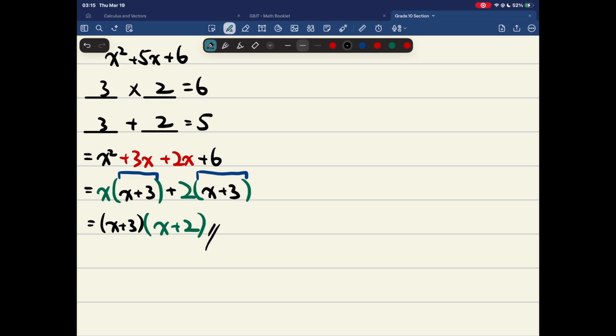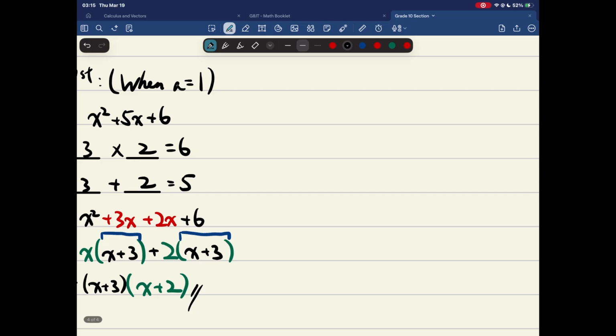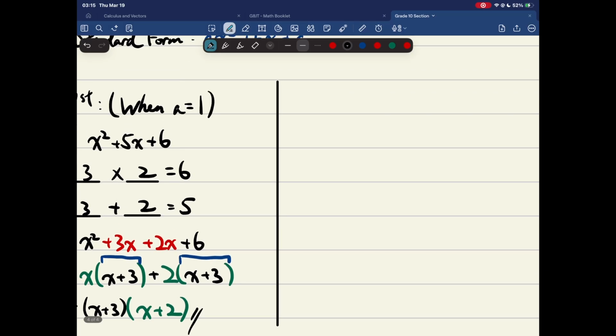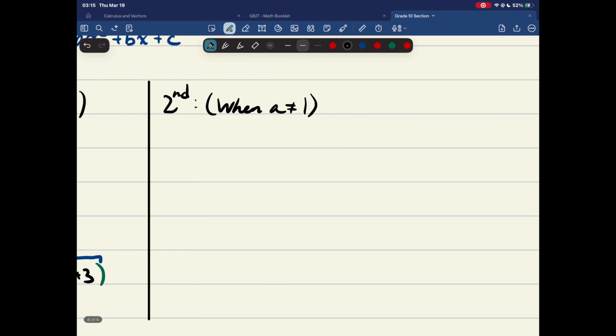For the second example, we do the case when a does not equal 1. For example, 2x squared plus 7x plus 3. The method I'll use is called the AC method.